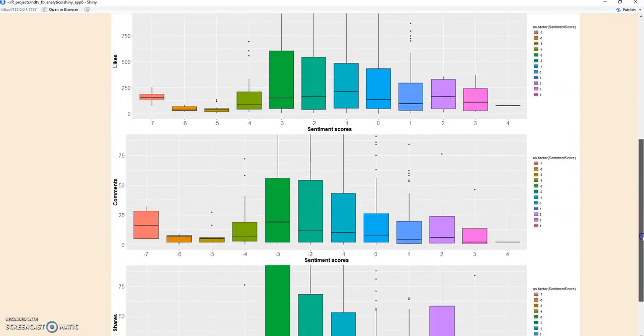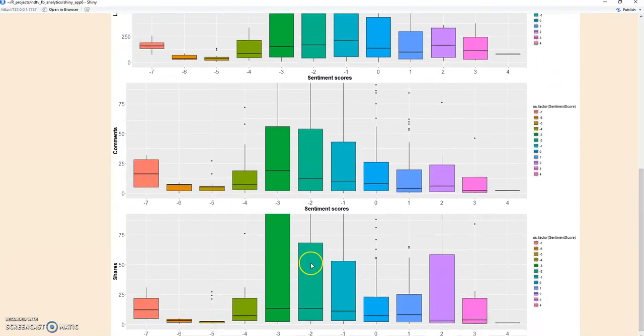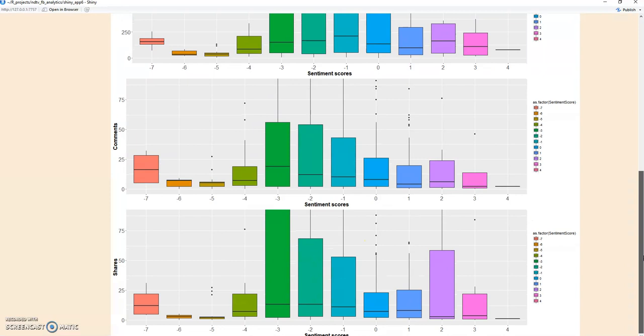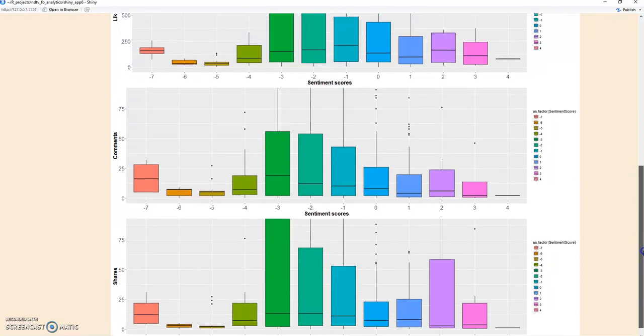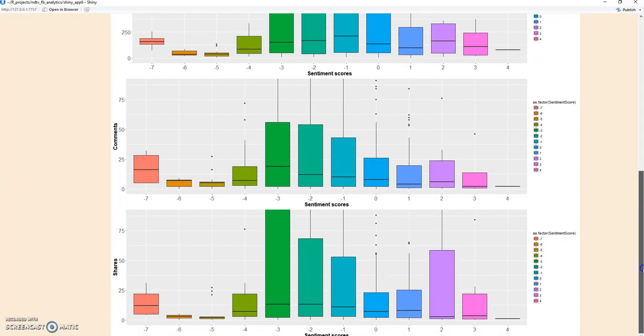Continuing in the same vein, you can see that for the comments and the shares too, the values for the negative sentiment news are pretty high. That leads us to believe that within this period of 2 months, the subscribers react to news in terms of likes, comments, and shares that are negative rather than positive.